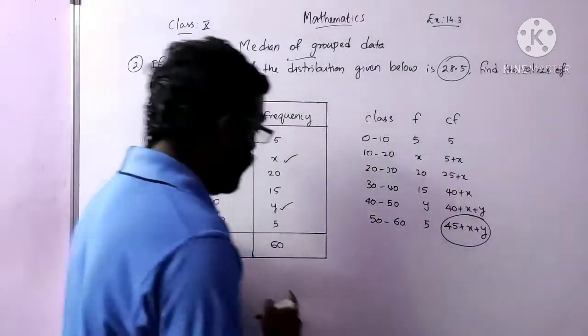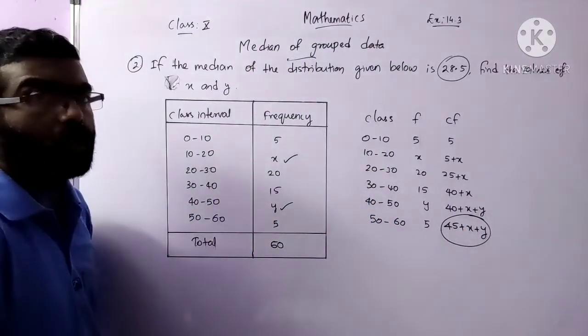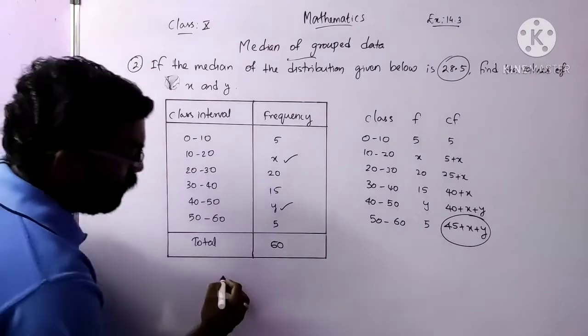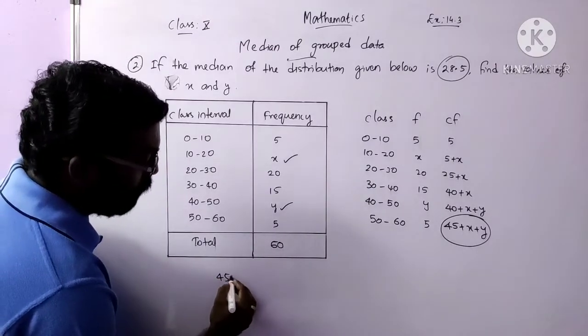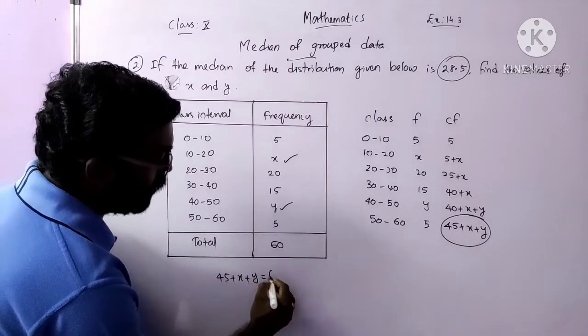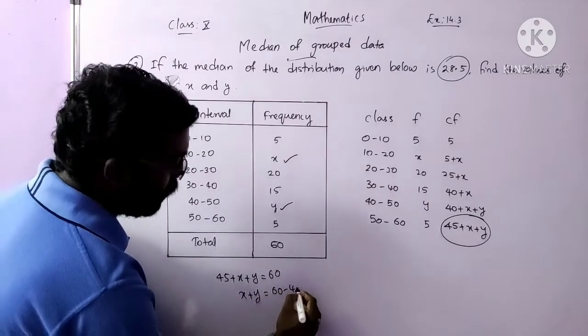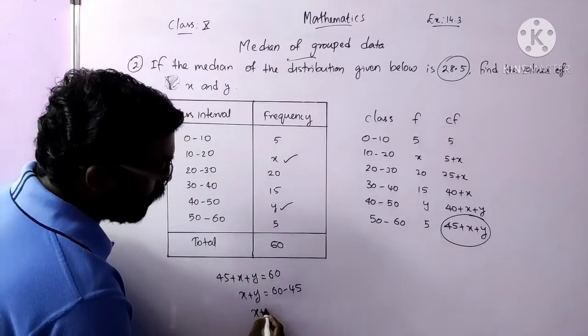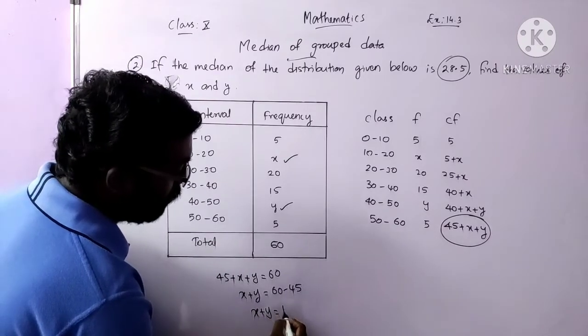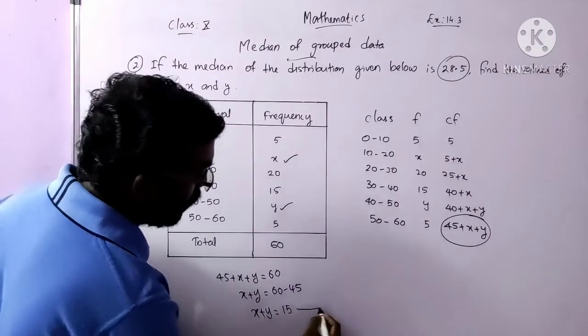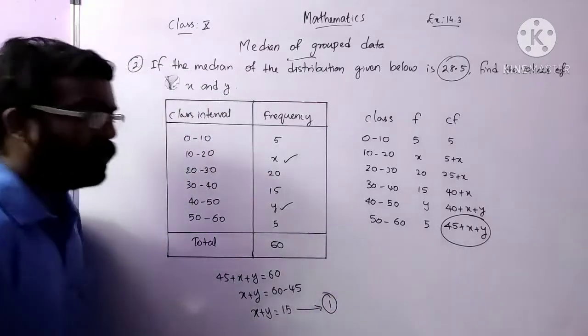This value and the total frequency must coincide. So 45 plus x plus y is equal to 60, which implies x plus y is equal to 60 minus 45. That is x plus y is equal to 15. We consider this as equation number 1.